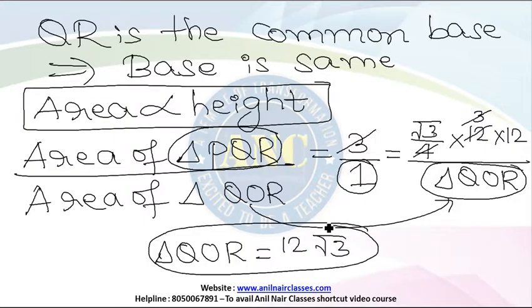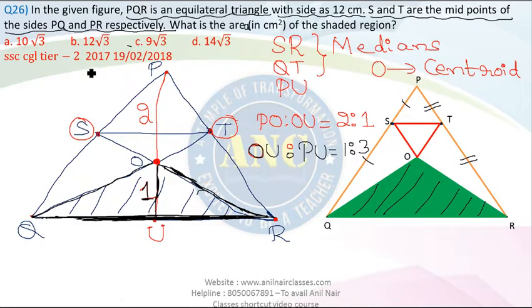Very, very important, beautiful question which came in the year 2018, where it teaches you once again the concept that if the base of two triangles is the same, then the ratio of the area of the triangles will be proportional to the ratio of their heights. If the base is constant, then area is proportional to height.